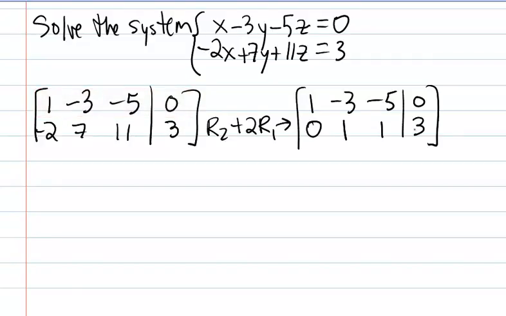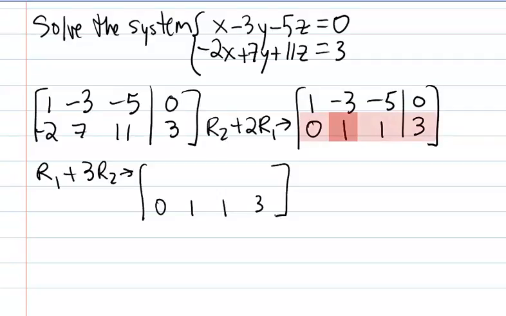Now I move over to the second column, and the pivot there is in the second row. It's right on the diagonal, and it's already a 1. So I'll use that 1 to make a 0 above. I'm going to take row 1 plus 3 times row 2. 0, 1, 1, 3 is the second row.